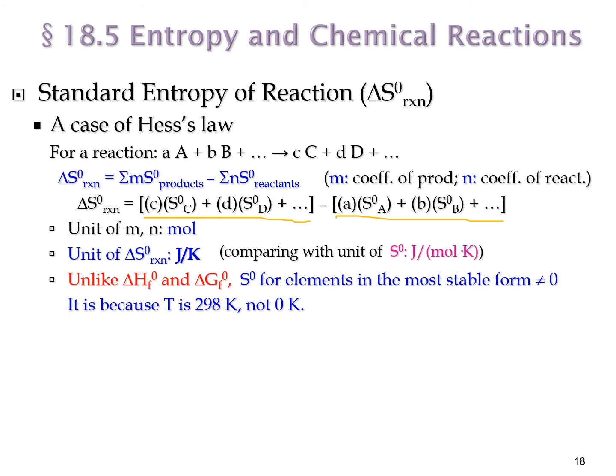No, I'm sorry, 25 degrees Celsius, which is 298 Kelvin. That's quite a temperature, good enough for those particles to gain speed and reach randomness. Therefore, we do not see zero as S0 for anything.